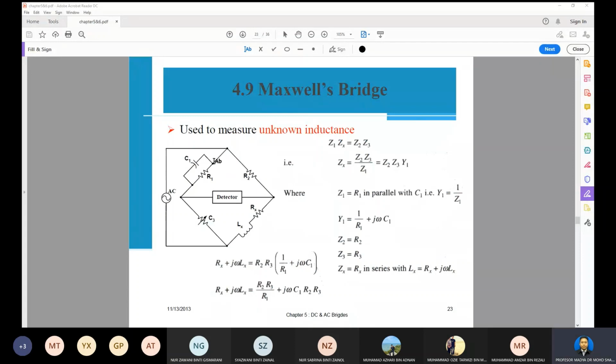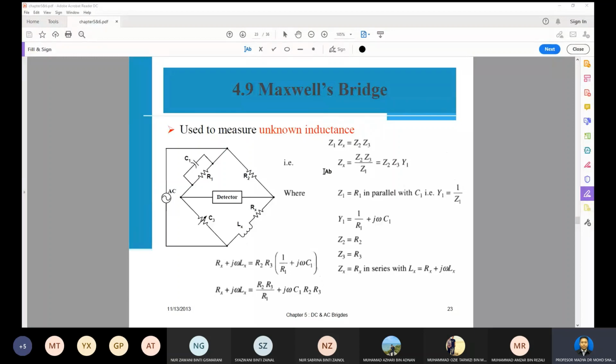So the difference is in R1 and R4. This one will be Z1, where we have R in parallel with a capacitor C. And for Z4, the impedance 4, it equals Rx plus Lx.